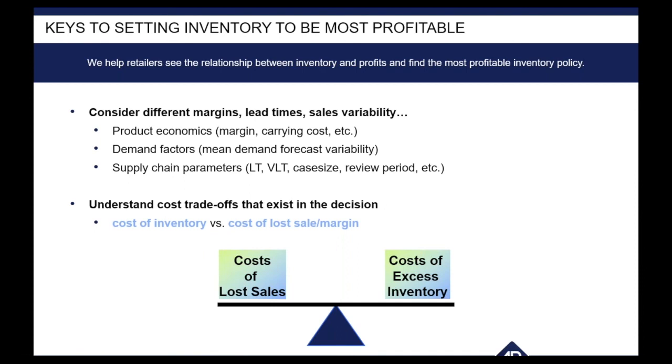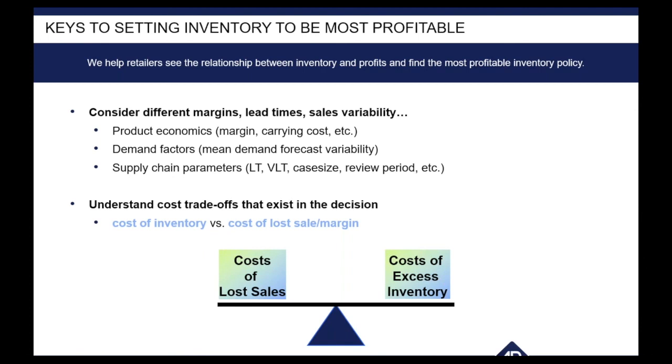Of course, demand plays a huge role, but it's not just about mean demand, it's also about the variability of demand, recognizing that demand is a stochastic process with its own variability, which can vary from product to product. And then, of course, the structure of the supply chain through its parameters, be it lead time from DC to store, or vendor lead time, case size, review period, and so forth.